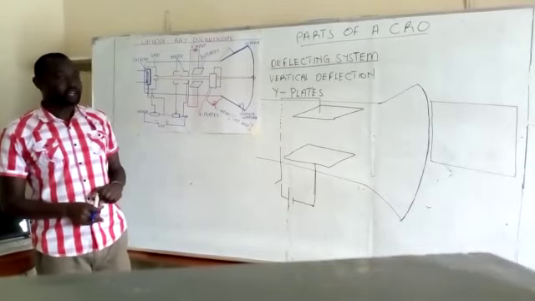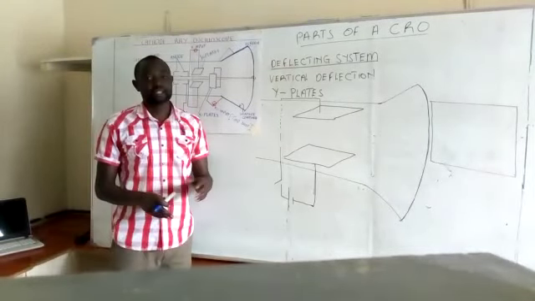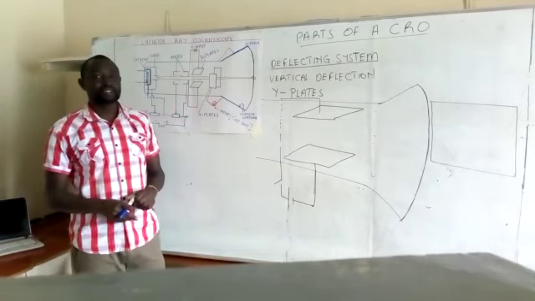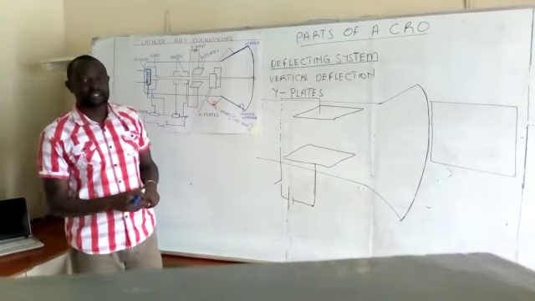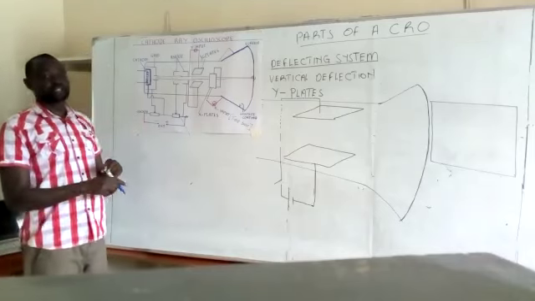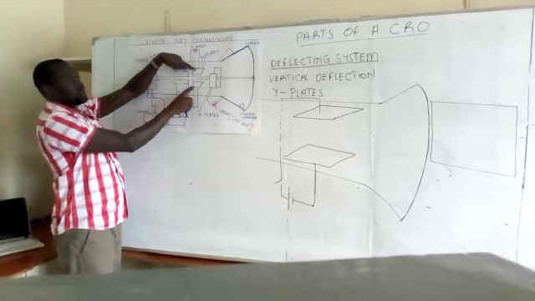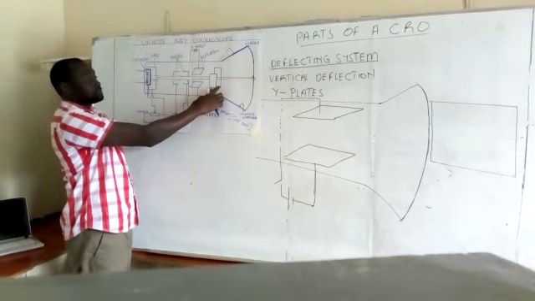So welcome back. Our next part of our CRO is the deflecting system. In the deflecting system, we have two main parts: the Y plates and the X plates.